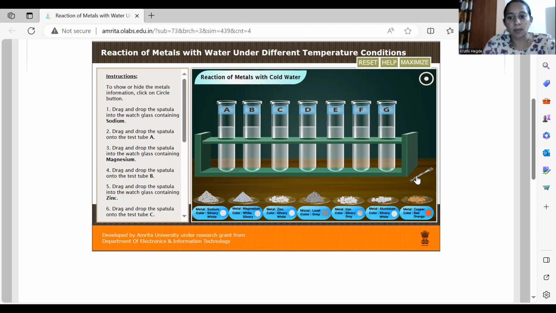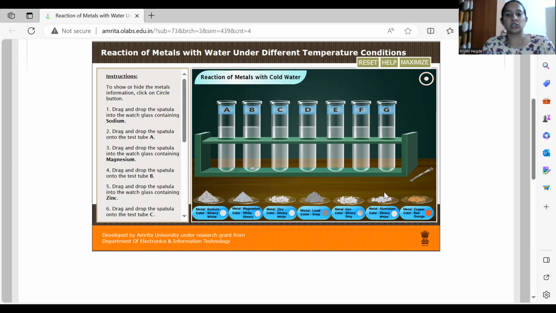Now let us take magnesium, the second metal. The spatula is getting filled up with magnesium. It's also silvery white. I'm putting it into test tube B, because in test tube A sodium is already added. Observe if any reaction is taking place.